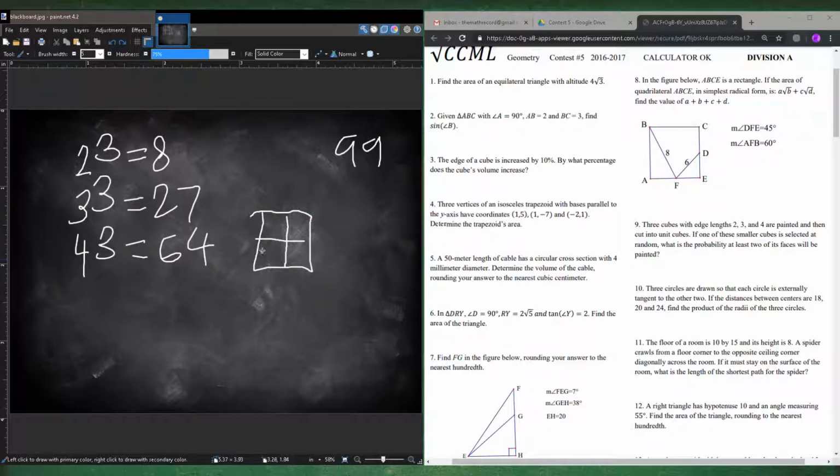Since it's only a 2x2, all 8 of them are colored. Since all of them are corners, all of them are covered. So all 8 work. I'll just put 8.